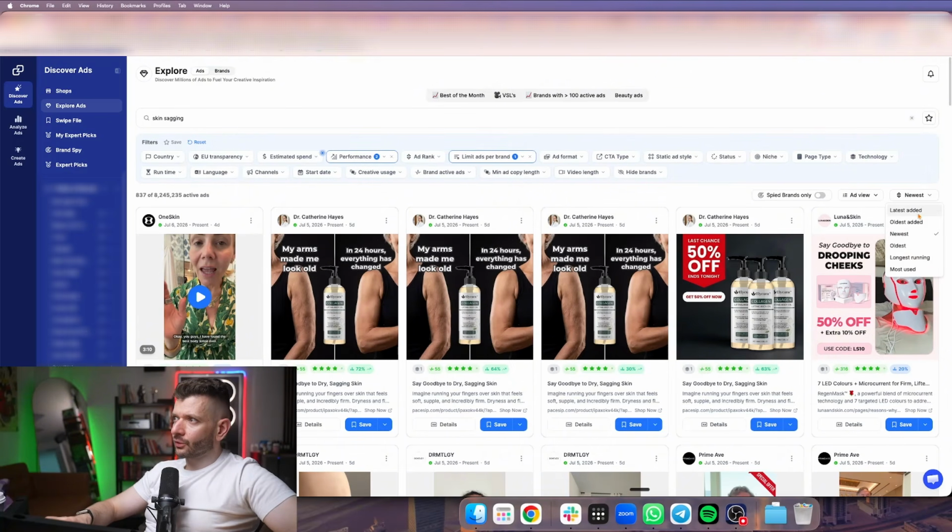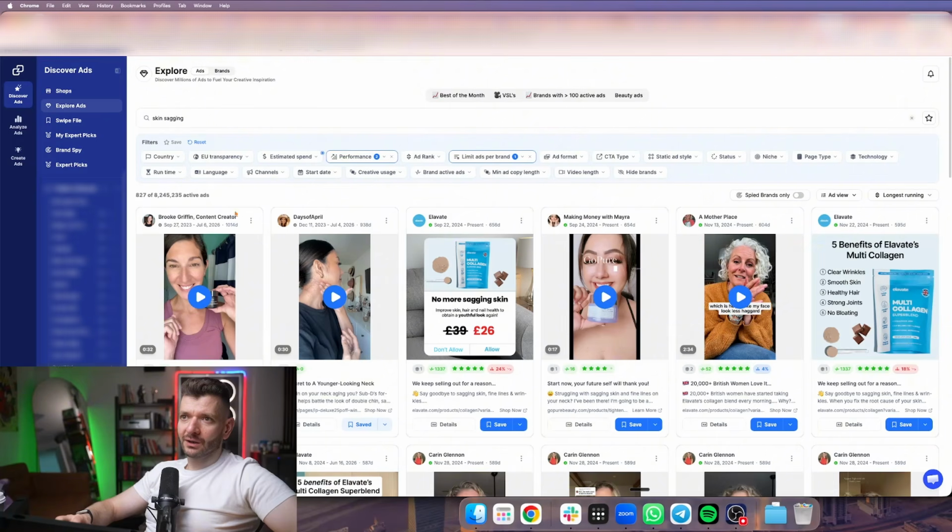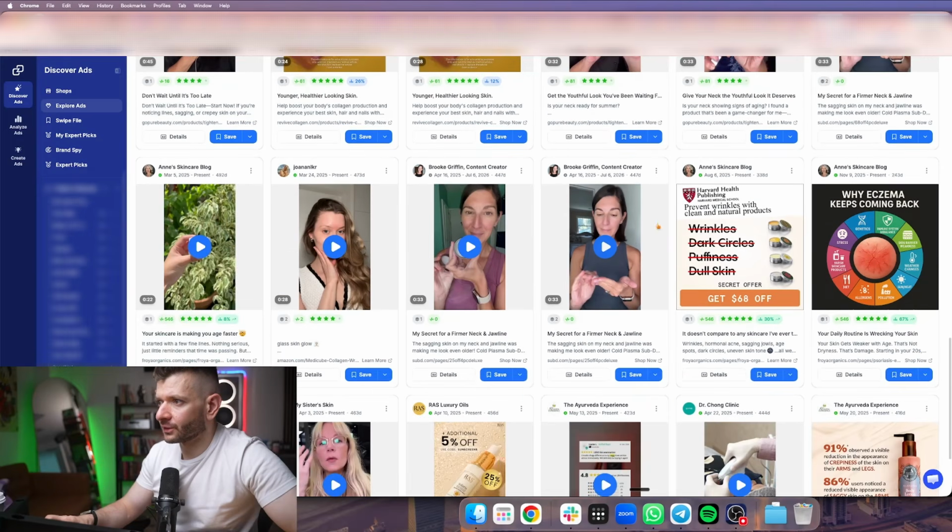And here I can also filter by the ones that are longest running and still active, right? So there are some ads that have been running for quite some time. All right, so as I scroll here, I find this ad that has been running for almost a year.